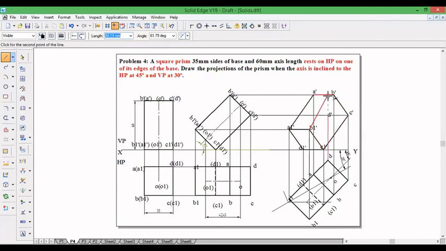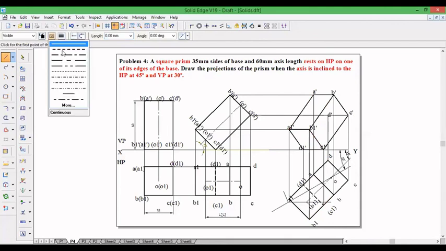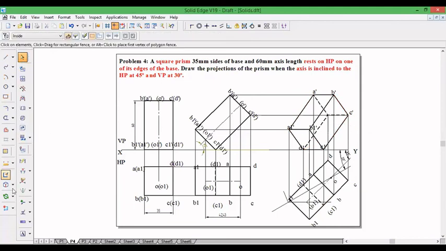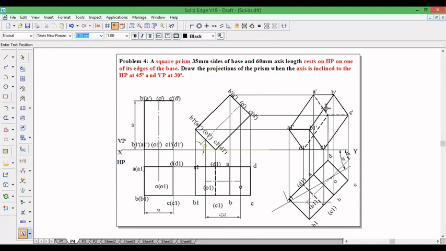And B1 is nearer to the observer and remaining is going to be invisible. So remaining are C dash, D dash, A dash and D dash, D1 dash. So now out of this, the D dash corner is going to be invisible. So that should be mentioned in bracket.